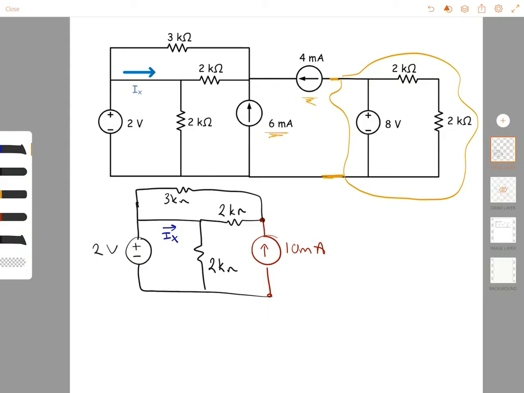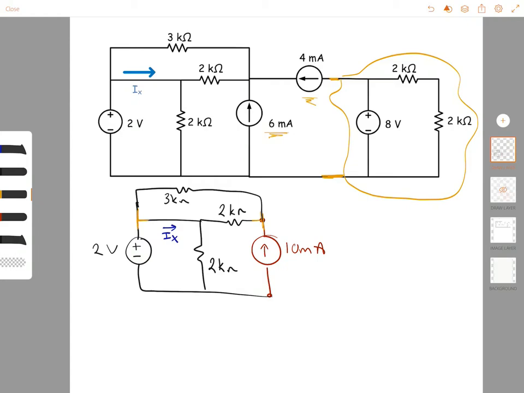The problem I'm facing here is I cannot do a source conversion on my current supply because my current supply doesn't really have a parallel resistor to it. It has this three-way connection here. And my voltage supply also is connected in this junction to two different branches.